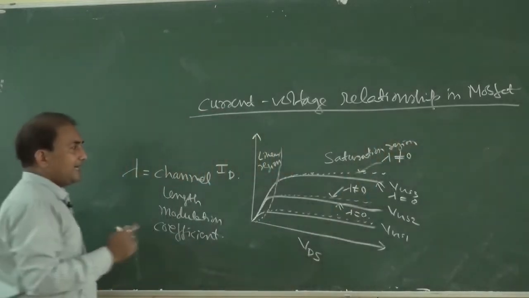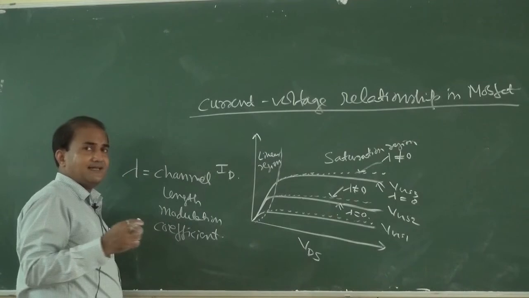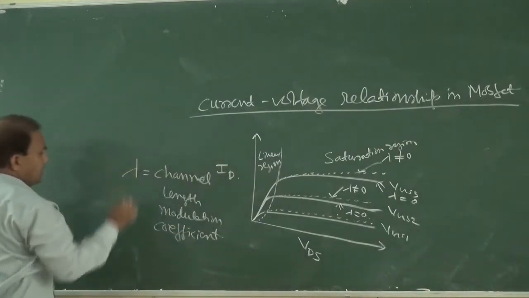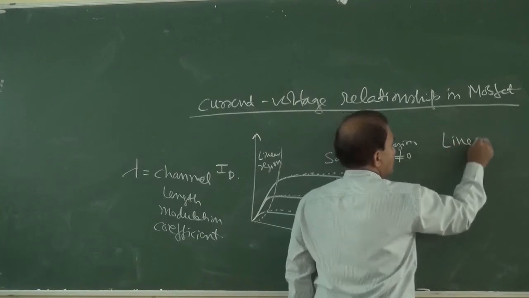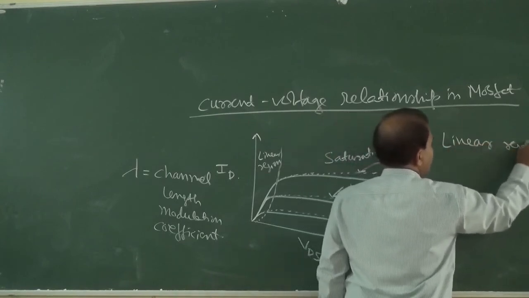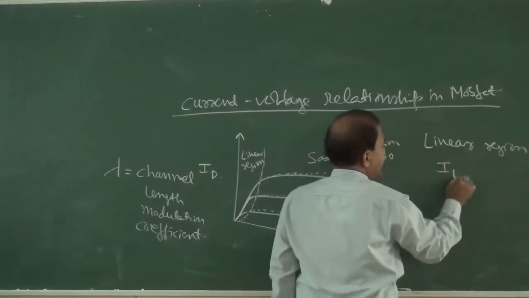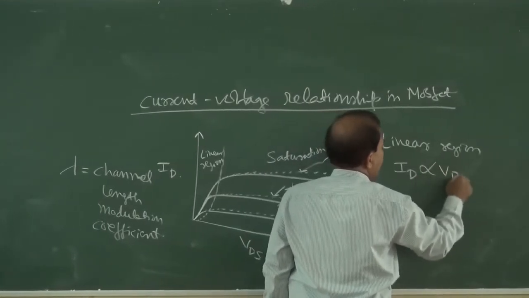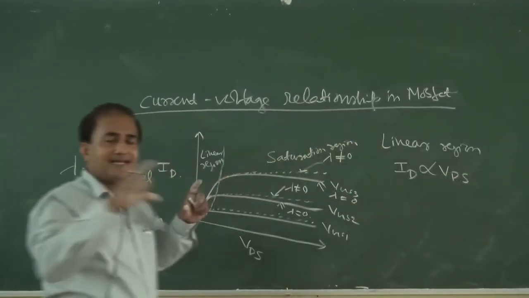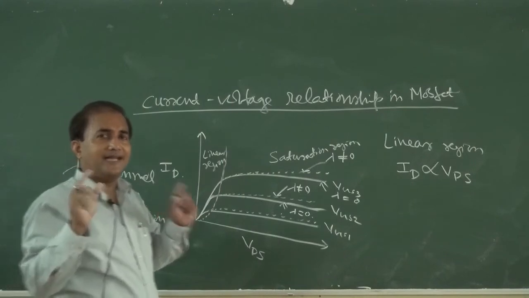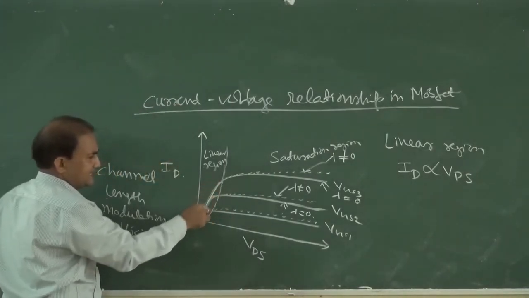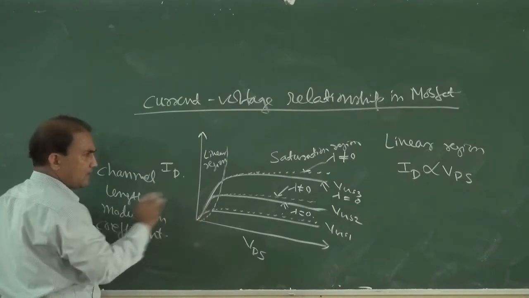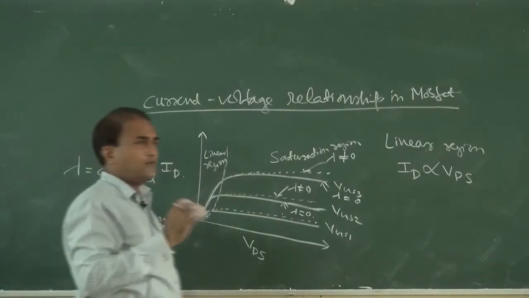In the linear region of operation, ID is directly proportional to VDS, that is, it is linearly proportional to VDS. So we can see this is almost linearly proportional to VDS.